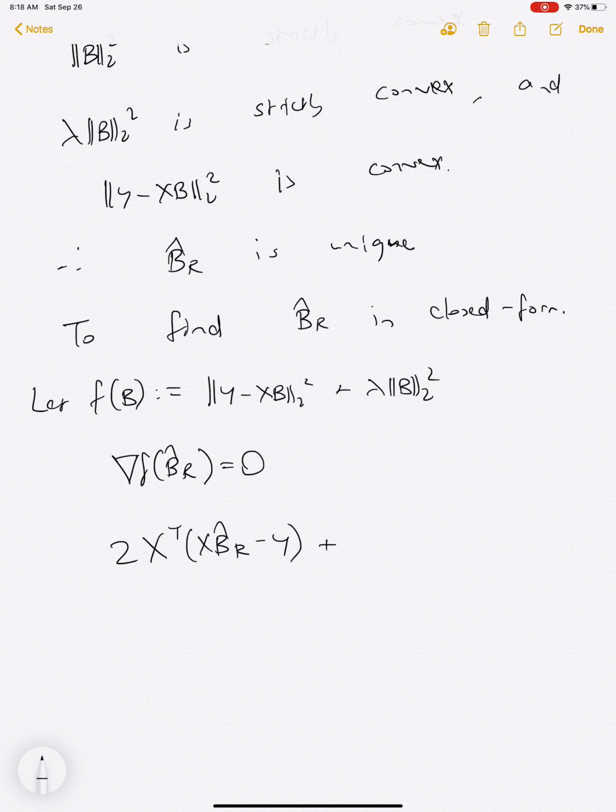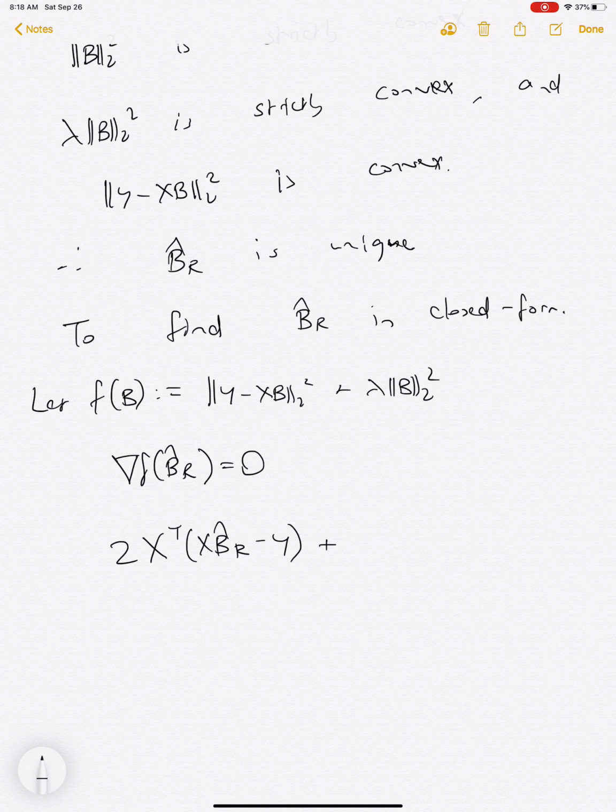This is pretty nice, and it has all the nice properties. So b hat R is a linear function of y. You can think of b hat R as being equal to A times y, where A is in R to the p by n.